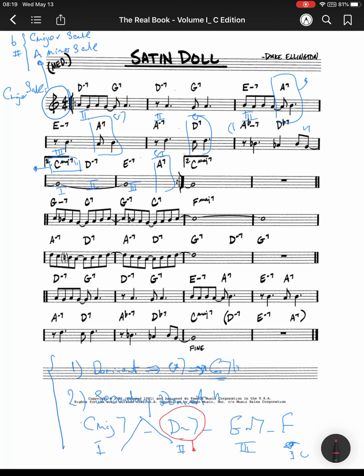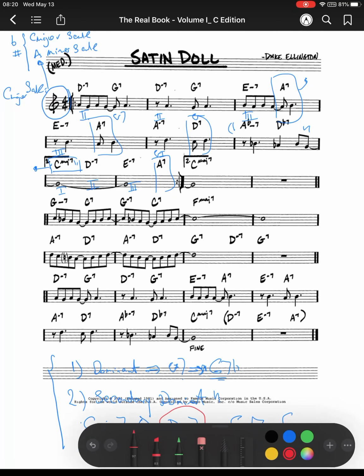The dominant of D minor 7th is A7. This is the secondary dominant, that means the dominant of the next chord. The next chord after D minor 7th is E minor 7th, and the dominant of that is C7th.